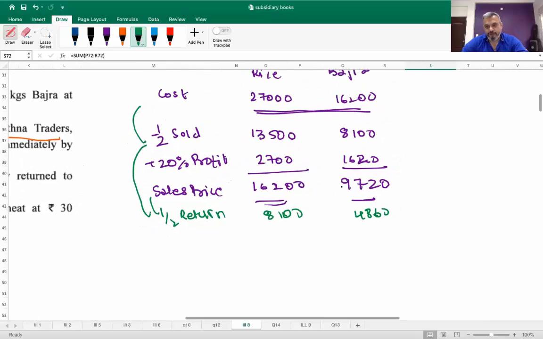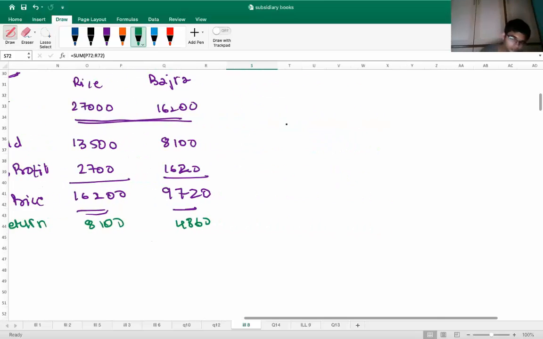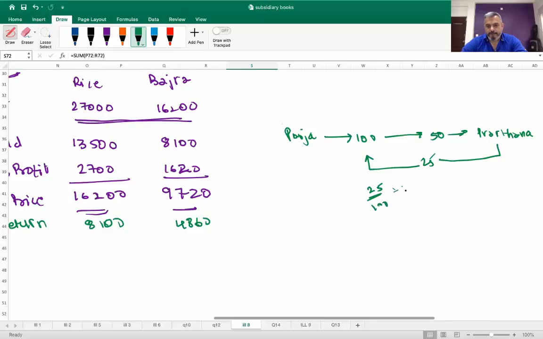So one way is you check the quantity and then you do it. Other way round is, see, whatever we purchased from Pooja, if we purchased 100, then we sold 50 of it to Prarthana. Now Prarthana returned half of these 50, that is 25 returned. So this we returned to Pooja. So how much did we return back? 25 from 100, that is 1/4.